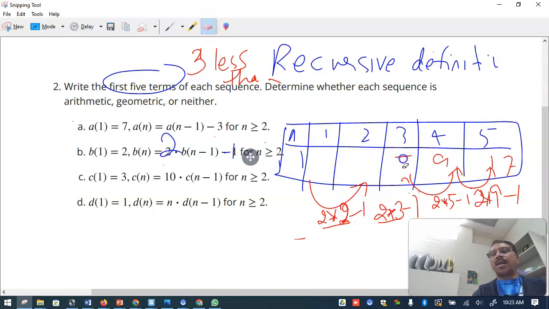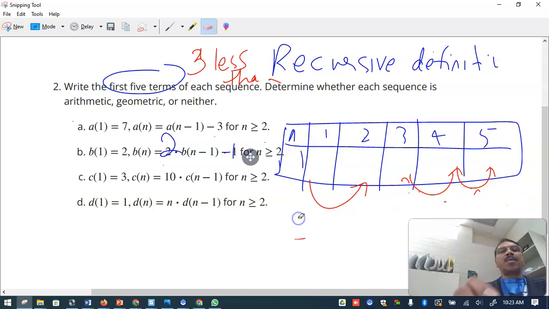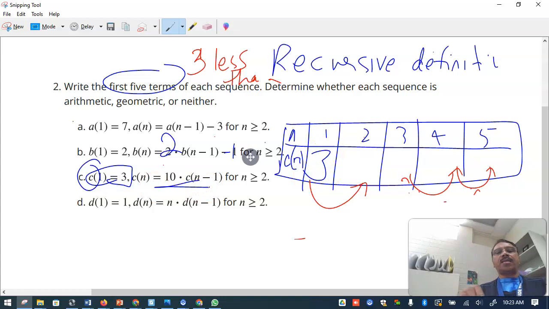And let's see the next one. Make a table again. So I'm using the same thing. So this one is C, so I'm going to write C of n, right? Start with 3, so I write 3 right here. And then you multiply the previous by 10. So what this means is each time you multiply by 10.